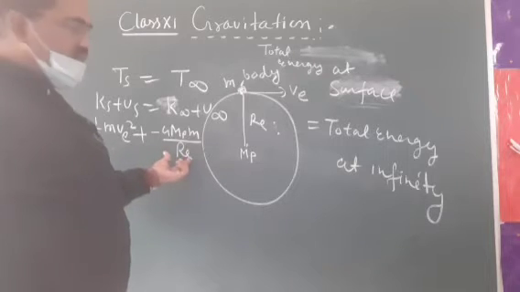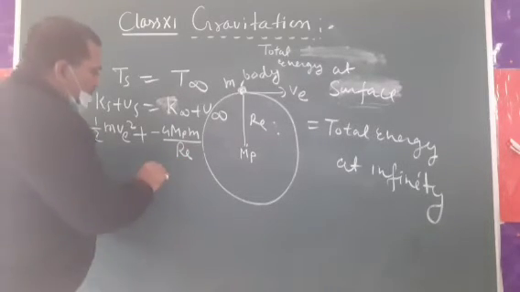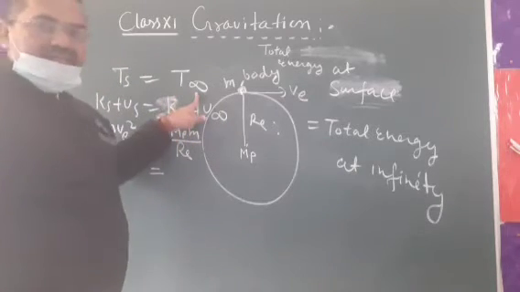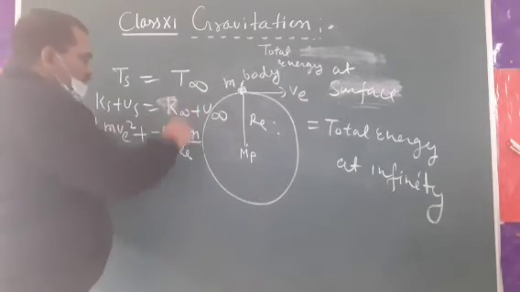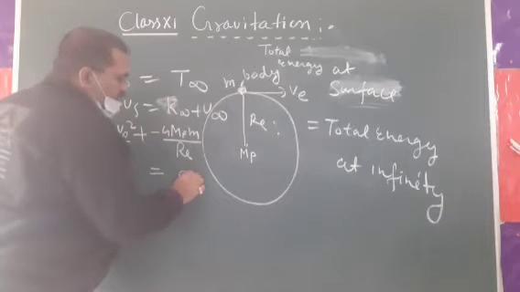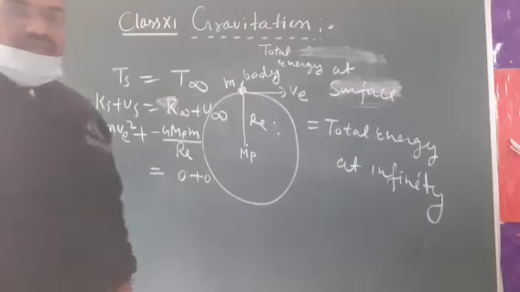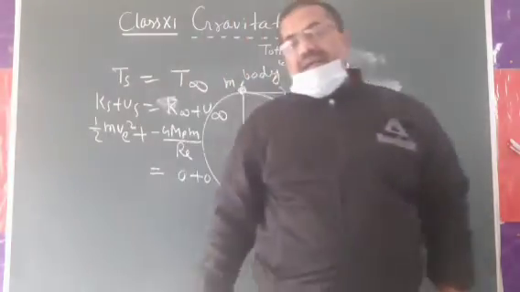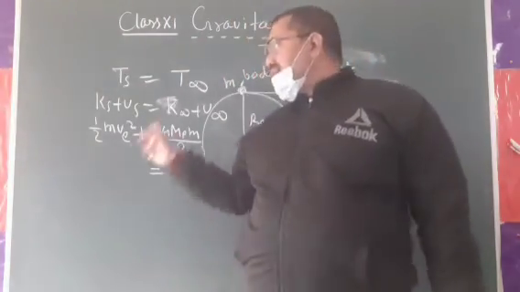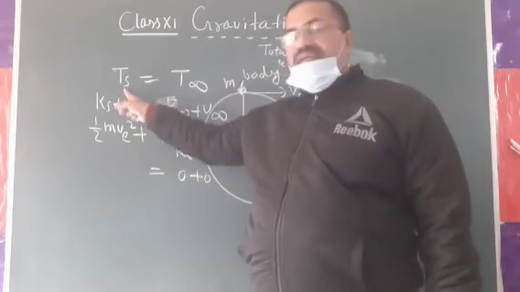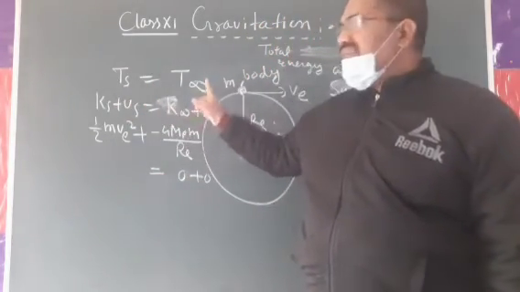This is the potential energy. Total energy at the surface equals total energy at infinity. At infinity, total energy is 0, kinetic 0 plus potential 0, as we have already discussed.